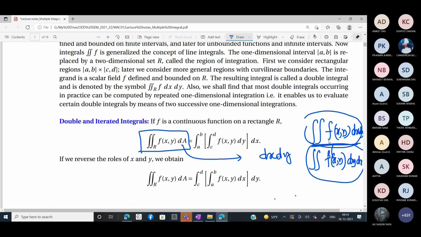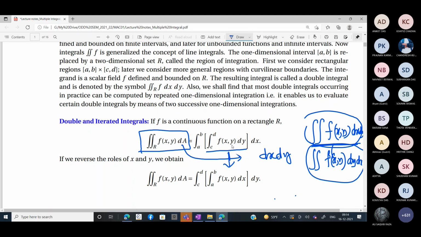What is that? That is integral from a to b, integral from c to d, f of x comma y dy. What's the meaning? We first integrate this. f of x, y is a function of two variables, x and y. We have to integrate with respect to y, keeping x constant and putting the limits for y from c to d.